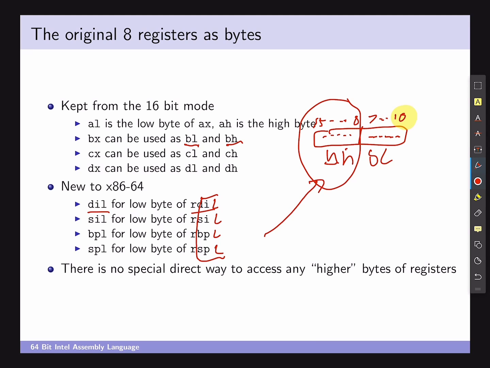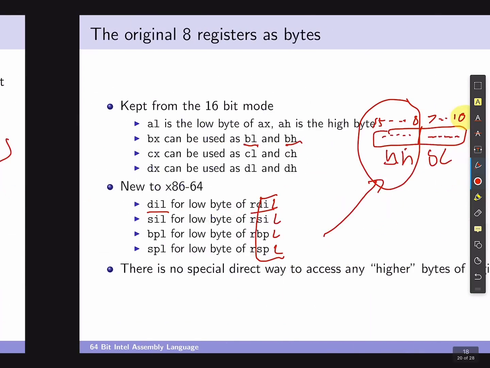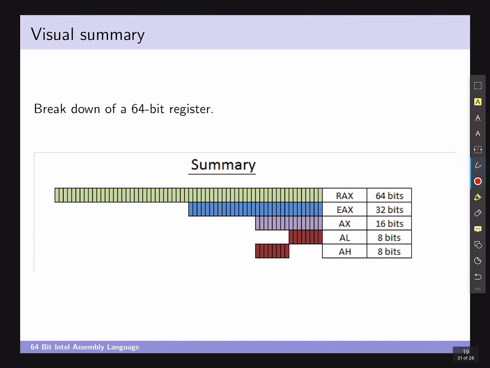Now, something that I think is very useful is to kind of visualize how things work here. And it's not always immediately clear, but these registers, these upper and lower parts of the registers, are actually linked. By that I mean that if, for example, I'm talking about RAX, EAX is in fact the bottom half of RAX. And by the same token, the AX part is actually the lower 16 bits of EAX. So just to visualize that a little bit, here we have a summary of the sizes and their relationships.